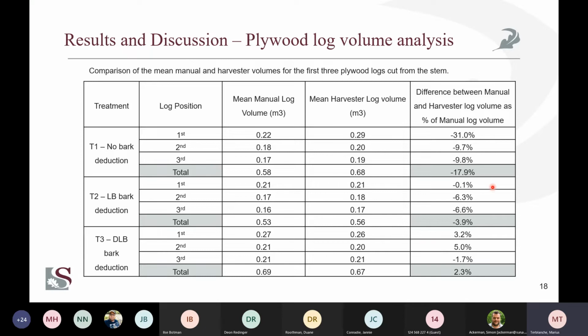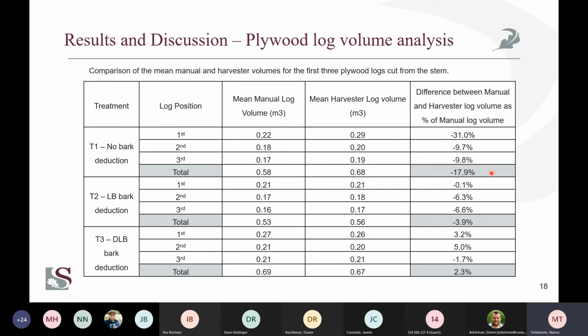And this was improved to almost zero for the length-based bark deduction method, and to just over 3.2% for the diameter class length-based bark deduction method.